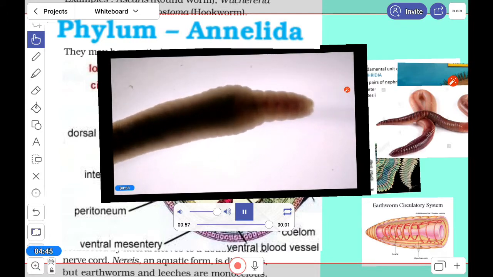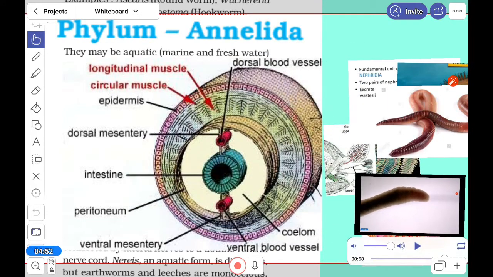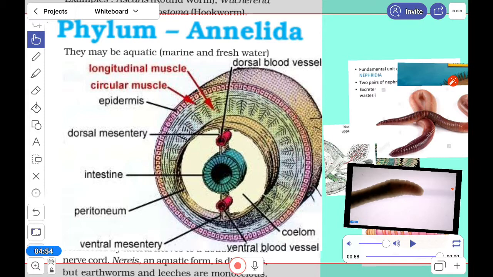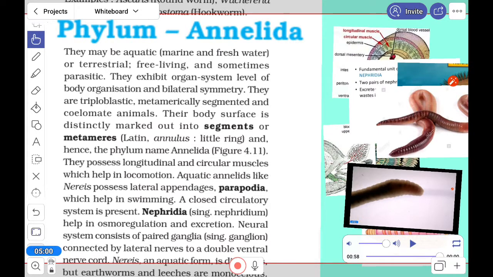See how they can contract. They use their circular and longitudinal muscles to move. So these two are there.